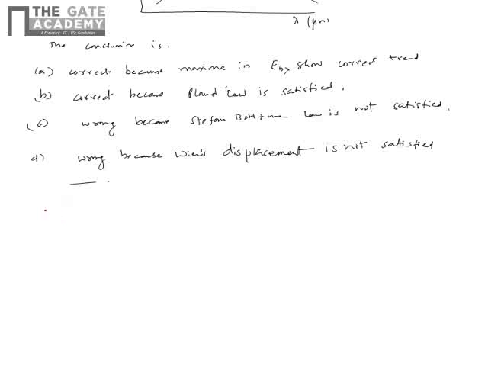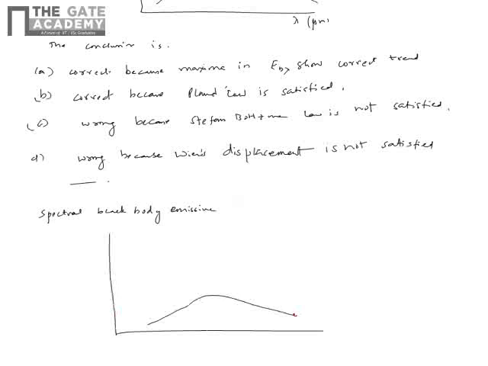If you have studied radiation, you would know that when you plot the spectral blackbody emissive power against wavelength, as the temperature is increased the maxima shifts towards the left. So this is T3, this is T2, and this is T1. The maxima should shift leftwards.